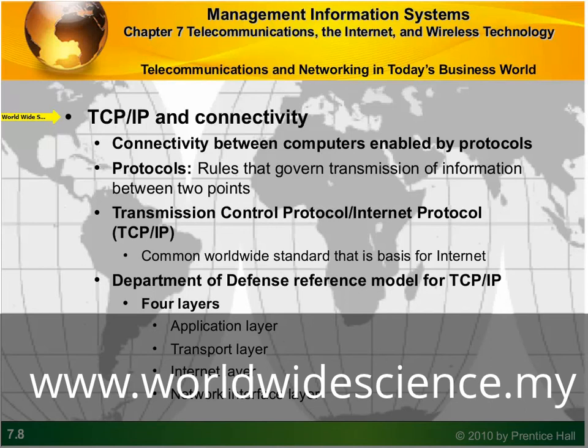And we have different sorts of protocols. The older version was OSI, which was based on 7 layers, but the newer one is the 4-layer establishment: application layer, transport layer, internet layer, and network interface layer.